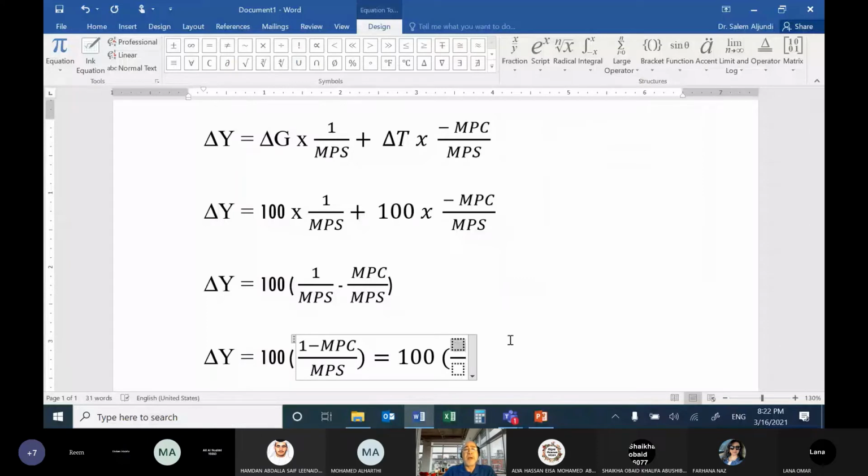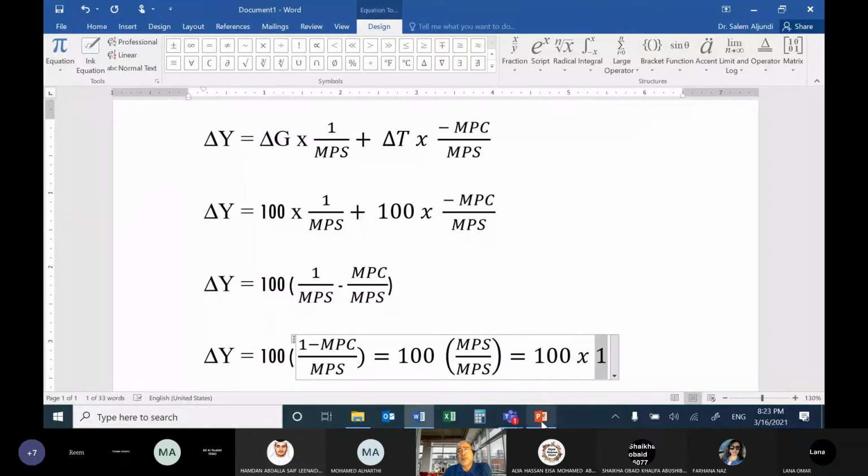So here 1 minus MPC is MPS already. MPS, and here MPS, so equals 100 times 1. So this is the balanced budget multiplier equals 1.